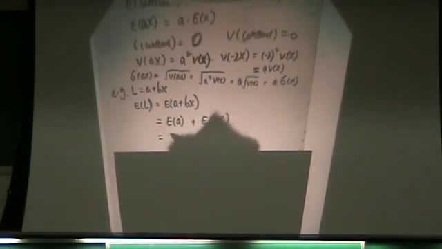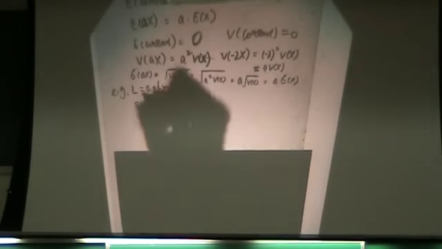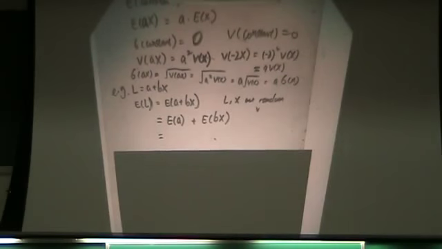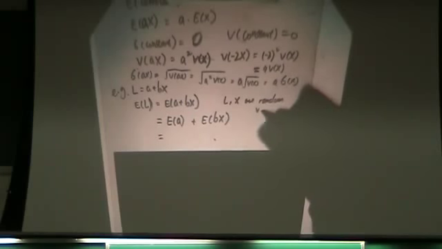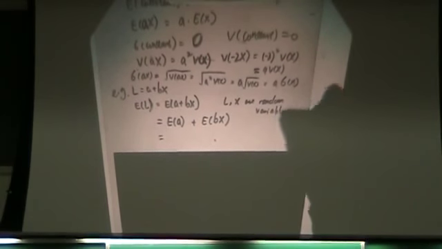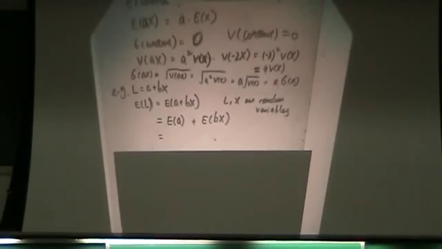Because A is a constant here, the only random variable is X, and A and B are just constants.